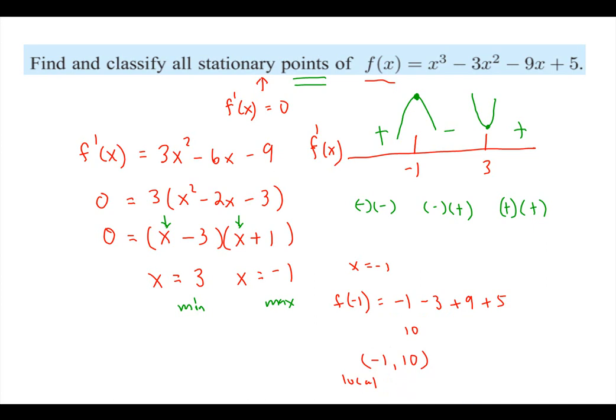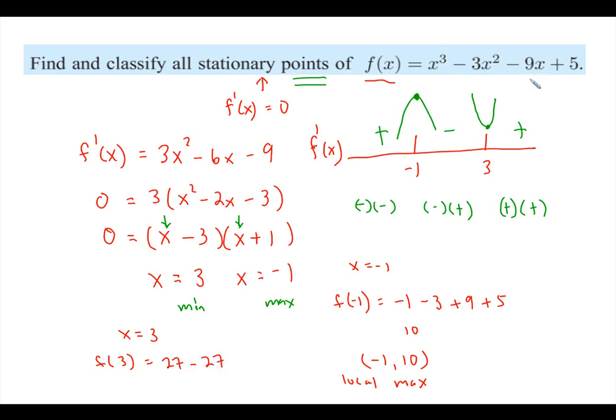Then we just do the same thing for the other x value. When x is equal to 3, we want to find out what f of 3 is. Plug it into the original function. 3 cubed is 27. 3 squared is 9 times negative 3 is negative 27.